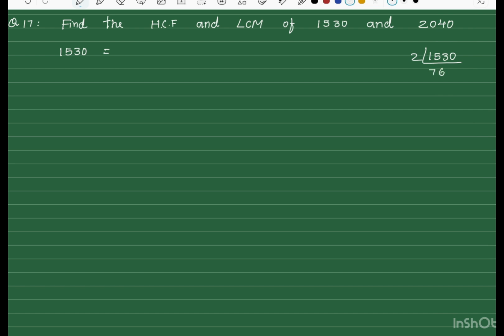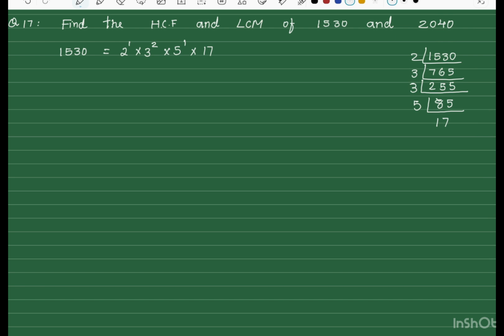We get 765. So the prime factorization of 1530 is 2 to the power 1 multiplied by 3 to the power 2 multiplied by 5 to the power 1 and multiplied by 17.